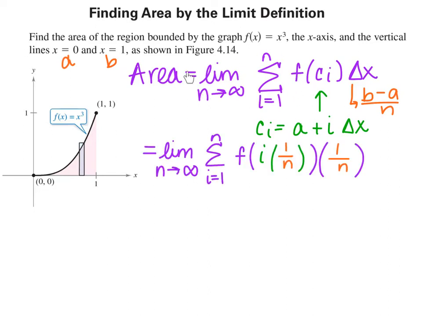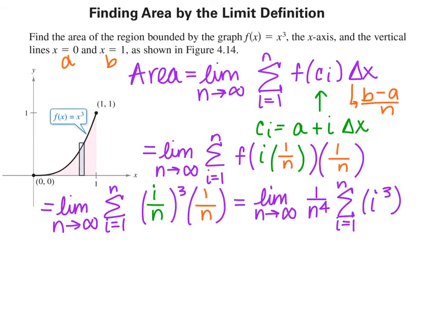So I keep this first bit, the limit and the summation, the same, and I have f of this c value. So a is 0, and then I'm going to add i times whatever delta x is, and so b minus a is 1 minus 0, or 1 over n. So I've got f of i times 1 over n, times 1 over n, which is delta x. So I'm going to simplify that and see what I get.